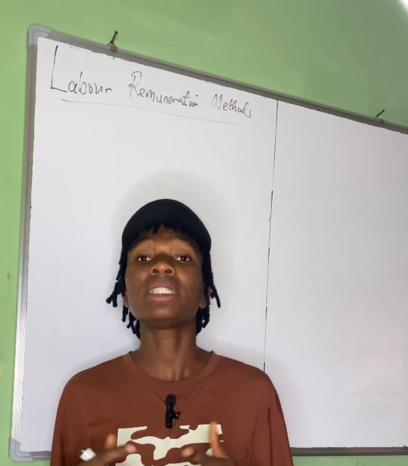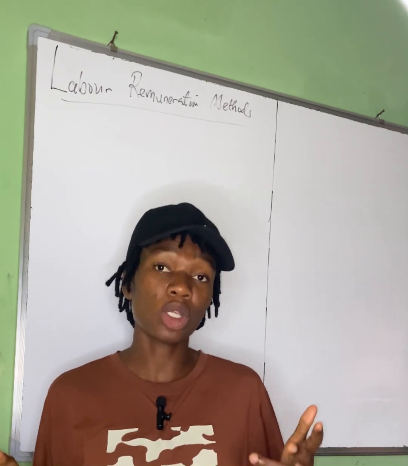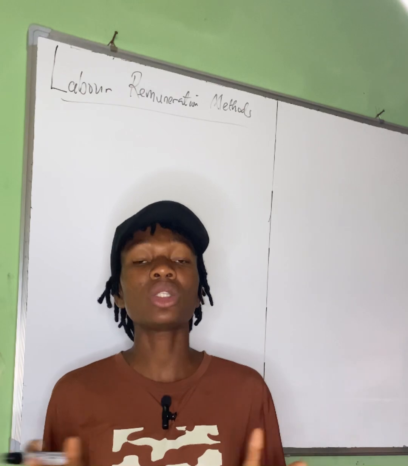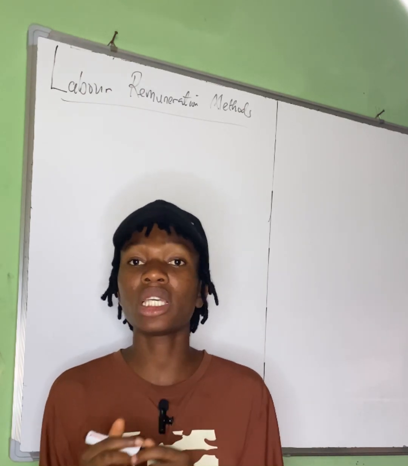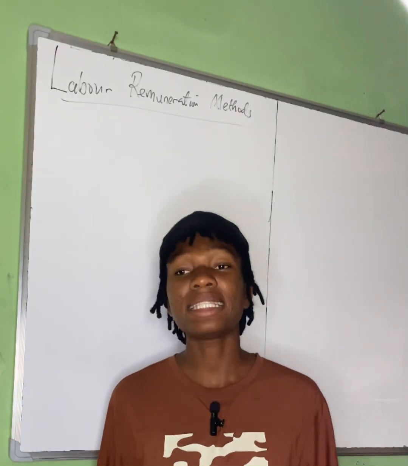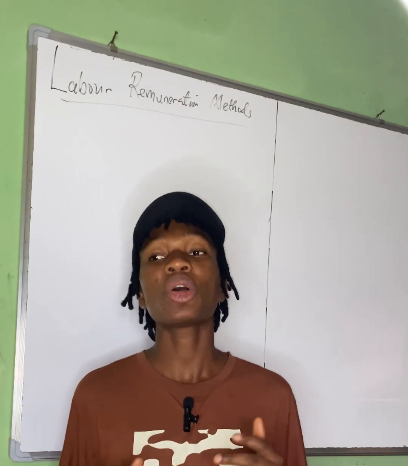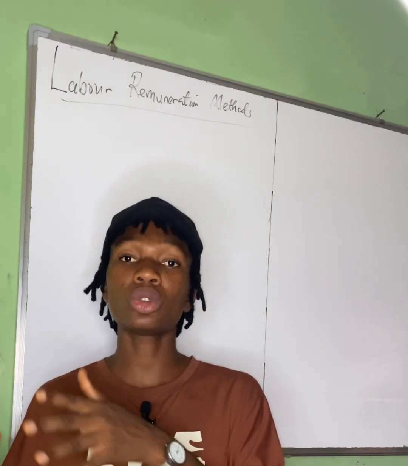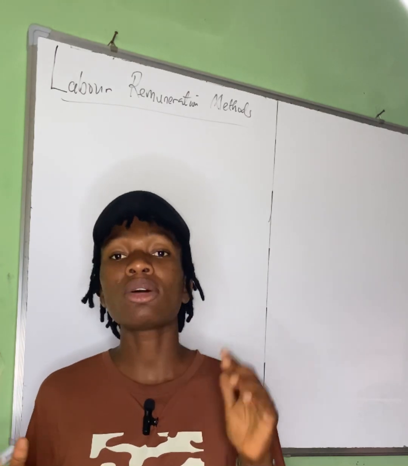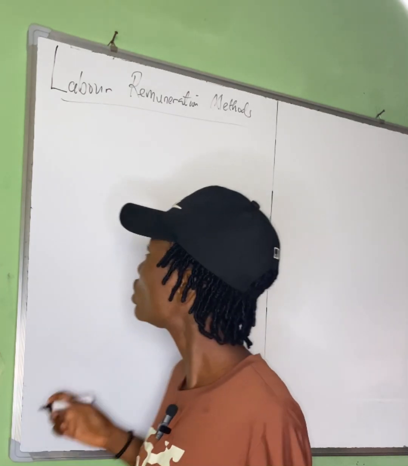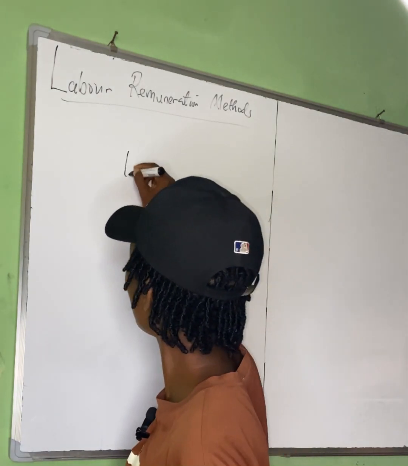Now we have basically two methods. There are other methods, but basically there are two methods of labor remuneration. The first method we have is the time based, or the time piece rate. And the second method is the output basis, or the output piece rate. So I'm going to be making a graph. This is our labor remuneration chart.